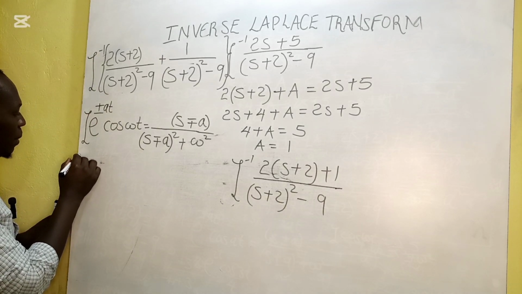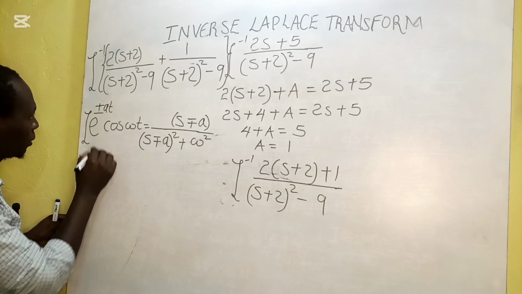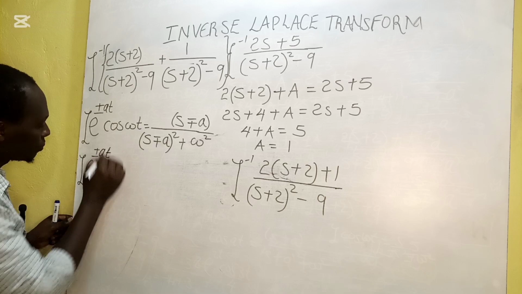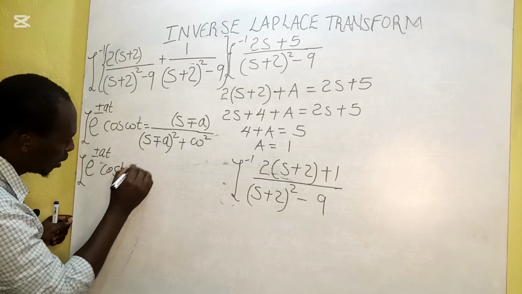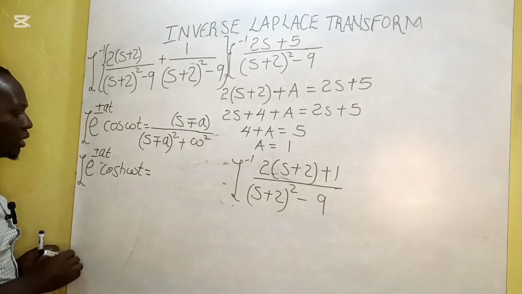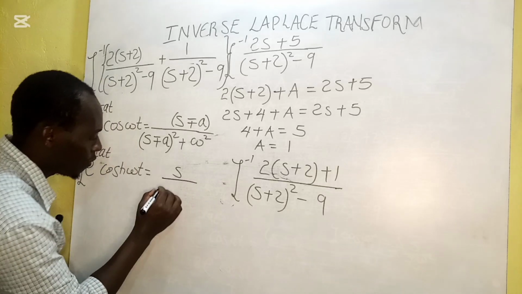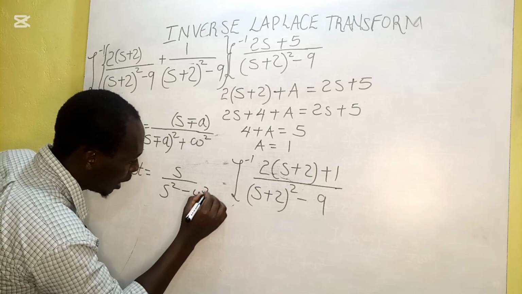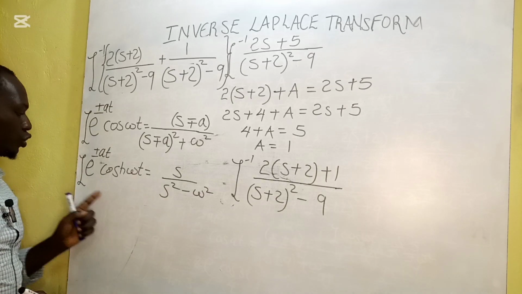When it is a hyperbolic function, the Laplace transform of e to the power of positive or negative a t, cos hyperbolic, our angle t, is going to be equal to, we are going to have s all over s squared, we subtract from our angle squared. This is the Laplace transform of cos.